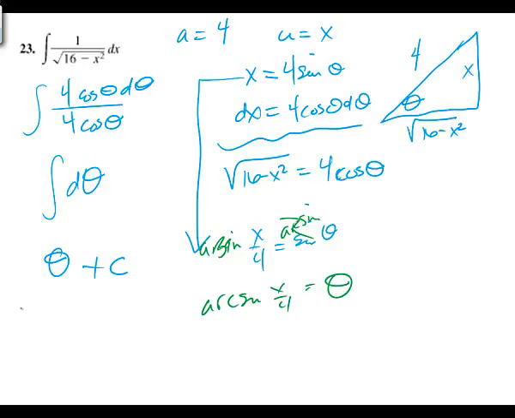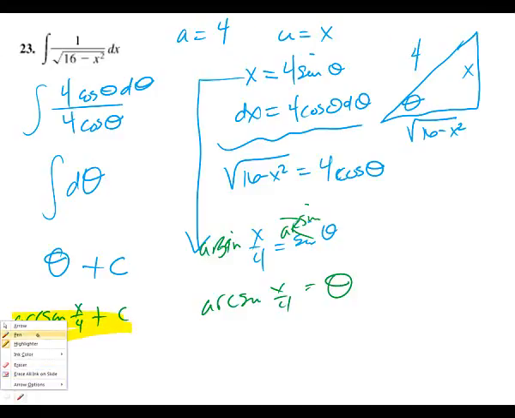So I'm going to plug that in for theta. So arc sine of x over 4 plus c. Alright, we good with 23? Yeah?